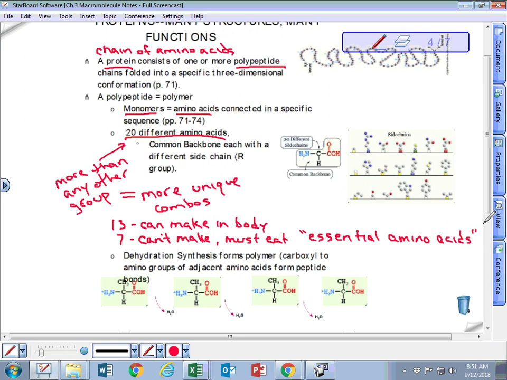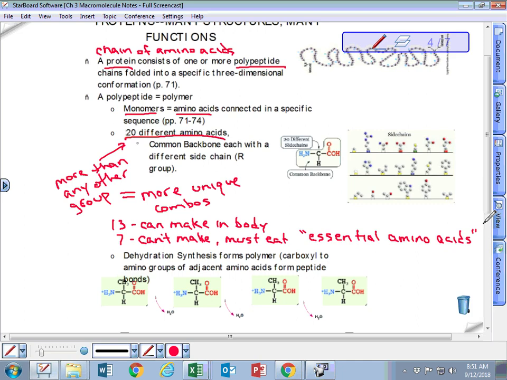Those 7 have to be eaten. You can't make them. If you don't eat them, you don't have them. If you don't have them, you can't build anything that requires them. They're called essential amino acids because you have to eat them in your diet. They're essential that you find them to eat.